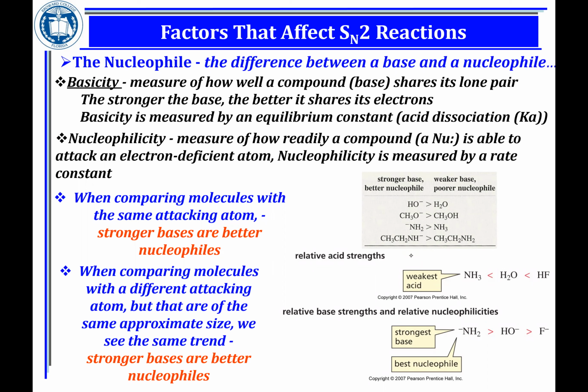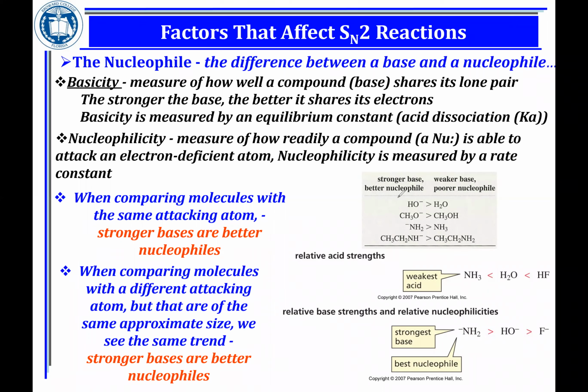The stronger the nucleophile, the faster the SN2 reaction. But how would you recognize if the nucleophile is strong or not? Sometimes a strong base is a strong nucleophile. So you're just comparing the two.